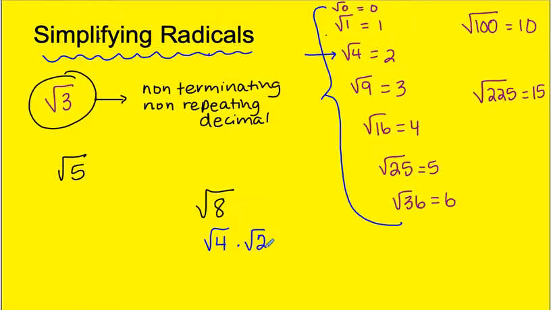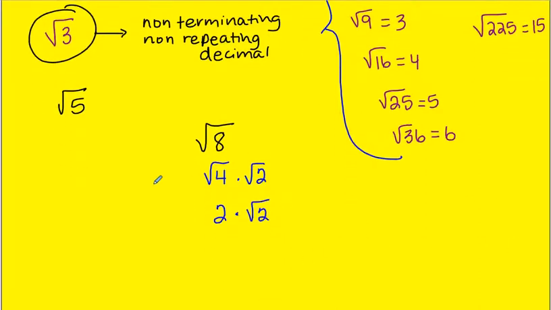So I can rewrite it as the product of two different radicals. And then I can simplify square root of 4 into 2 times the square root of 2. Okay, so we've simplified it. Now square root of 2 is irrational and it's in its lowest form, so we leave it. Now normally I'm going to write it like this, 2 root 2. But I want to make sure you understand that's being simplified.